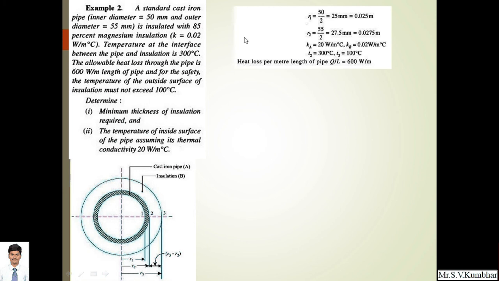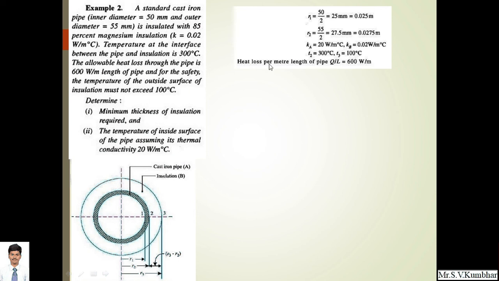Outer diameter 55, so it will be 27.5, that is R2 is 0.0275 meter. Thermal conductivity of A is given here as 20 watt per meter degree centigrade. KB is given, that is it is insulated with 85% magnesium, it's 0.02 watt per meter centigrade, and T2 is 300 degrees centigrade, T3 is 100 degrees centigrade.